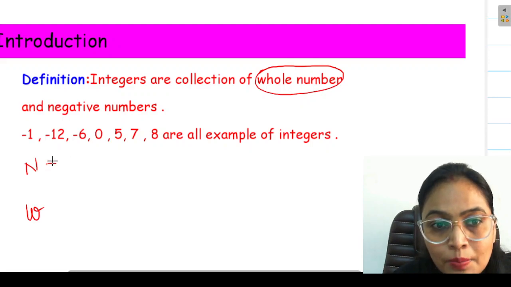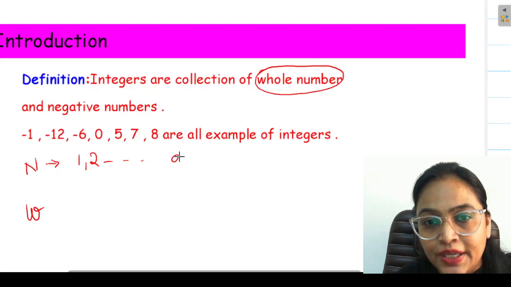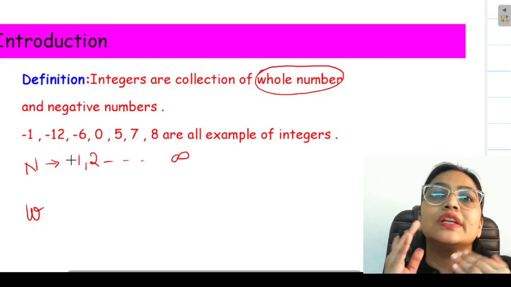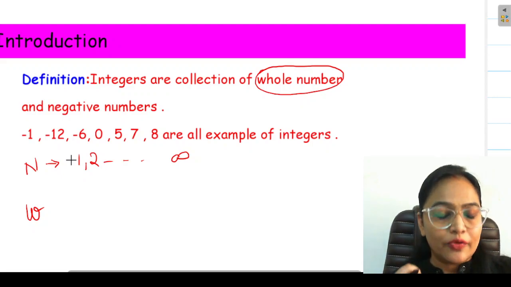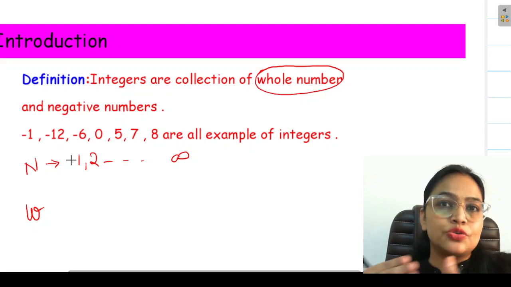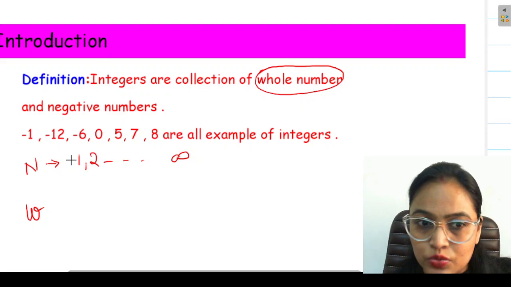So natural numbers are the numbers which start with 1 and go till infinity, right? And these numbers are also called counting numbers. Why? Because whenever we count something, we always start with 1 and count like 1, 2, 3, 4, 5, 6, right? So natural numbers are also called counting numbers.